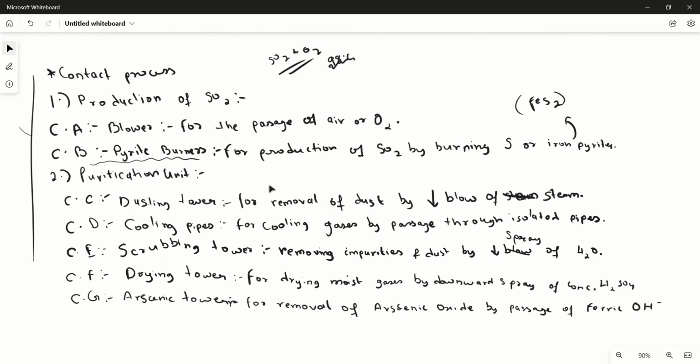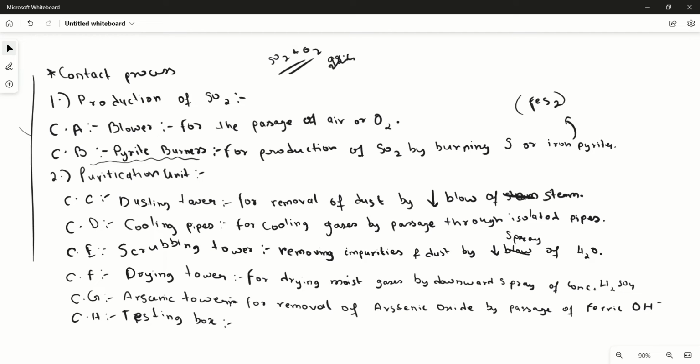So, recap till now. Chamber C, dusting tower, chamber D, cooling pipes, chamber E, scrubbing tower, chamber F is the drying tower, chamber G is the arsenic tower, and chamber H is called the testing box. And here we finish with our purification unit. Testing box.